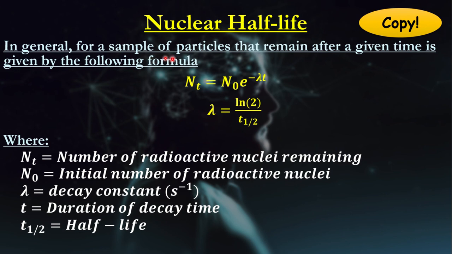In general terms, the sample of particles that remain after a given time is given by this formula here, where e is your exponential, and lambda is a decay constant given in seconds to the power of negative 1. If we want to measure the decay constant, it's given by this formula here: ln 2 divided by the half-life of the radioactive isotope.